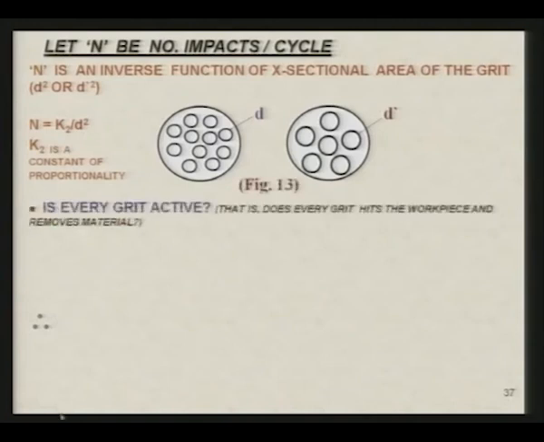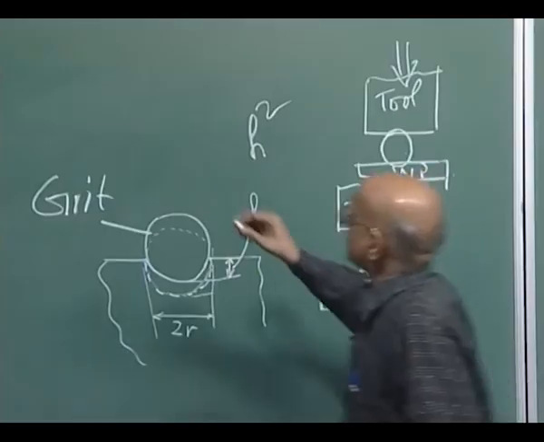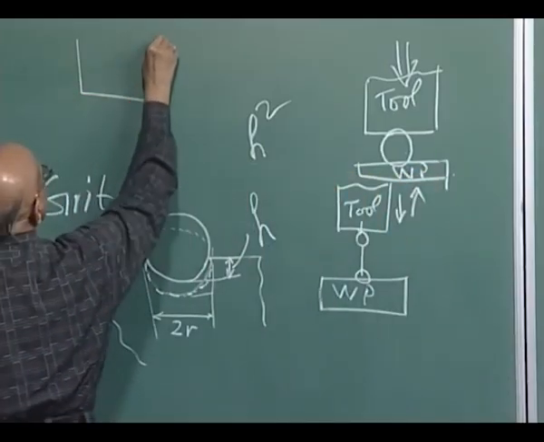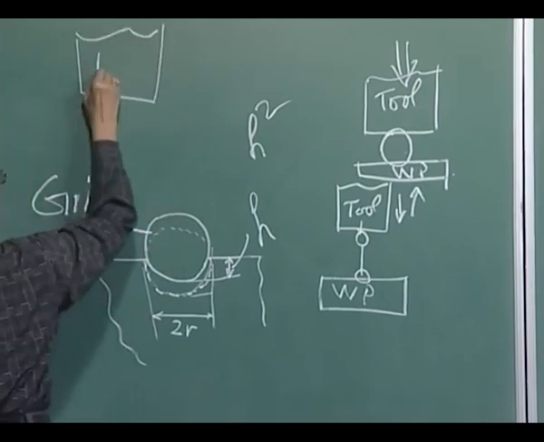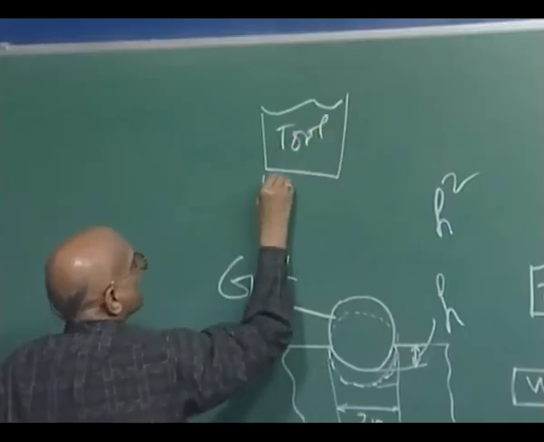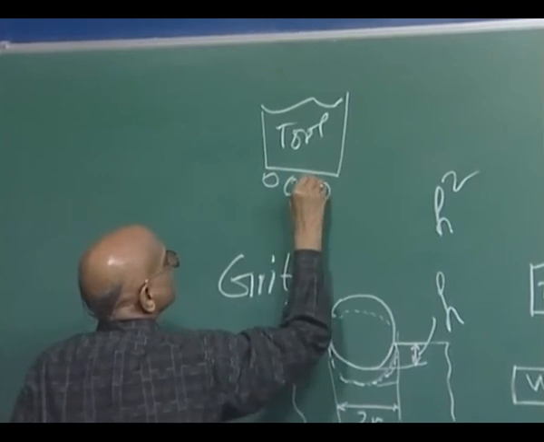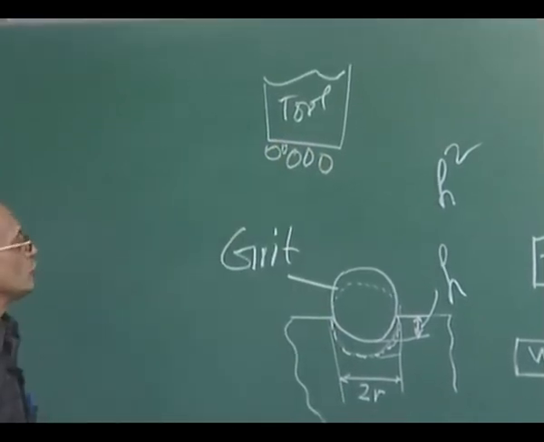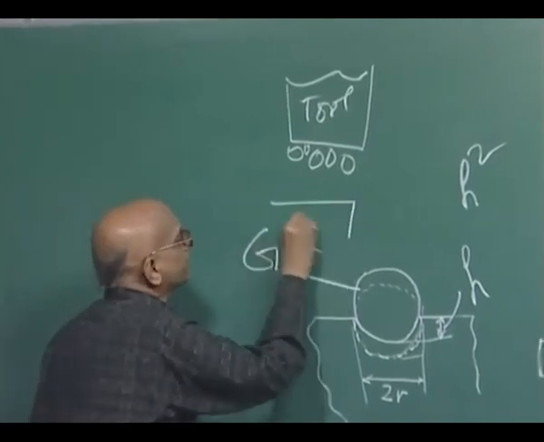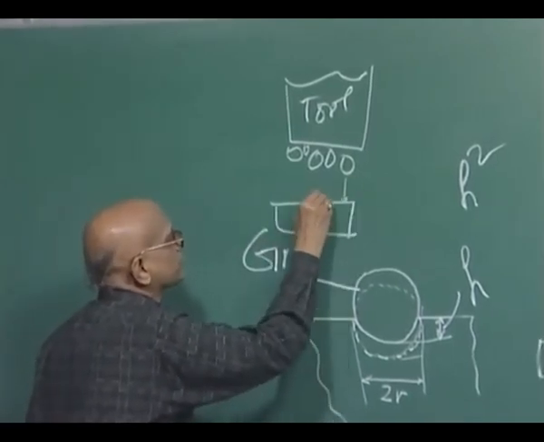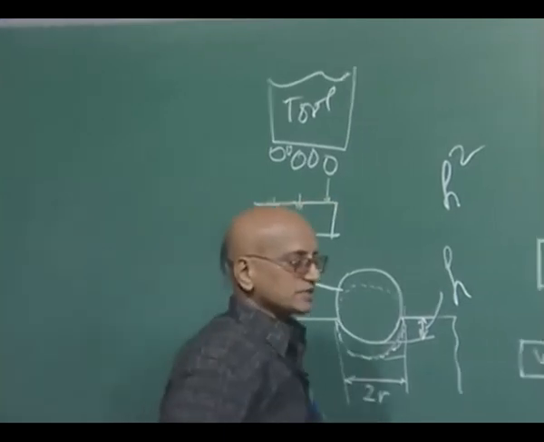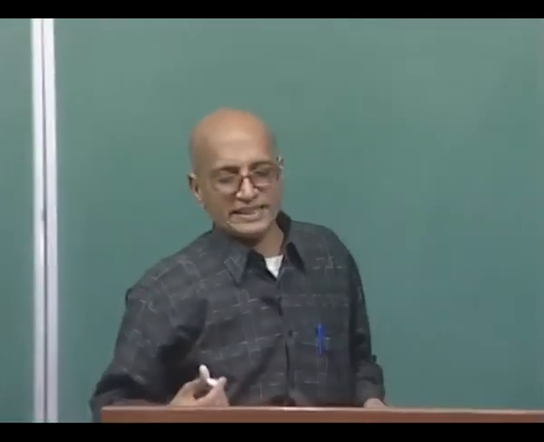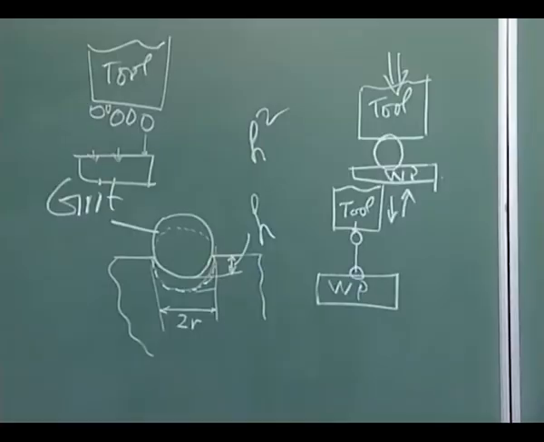Now, is every grit active? This is the question which arises, as you can see here in the figure. Suppose this is the tool and there are various abrasive particles. Whichever particle is hit by the tool, the question is whether every particle is reaching and hitting the workpiece, or some of them just die out, their energy dies out while travelling from the tool towards the workpiece.